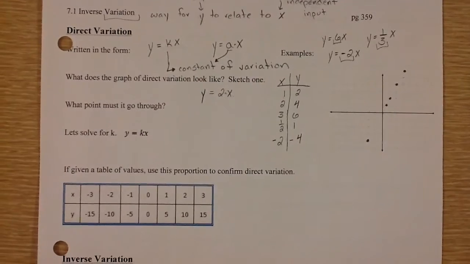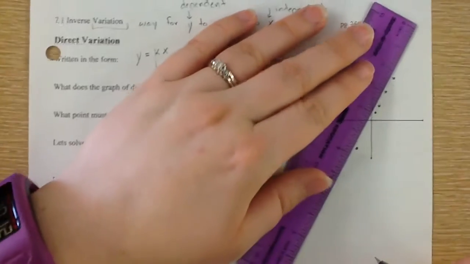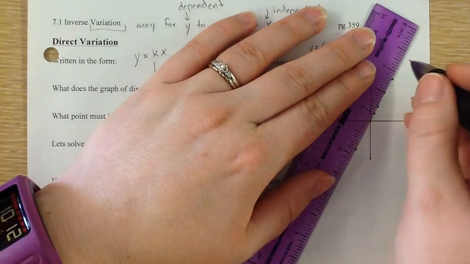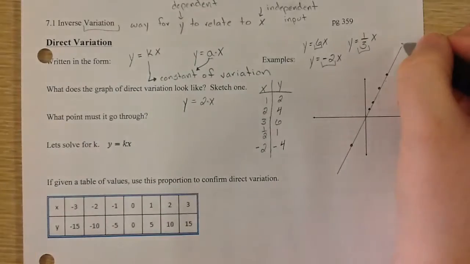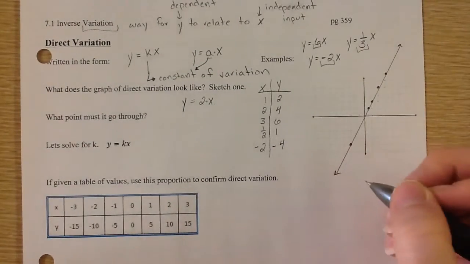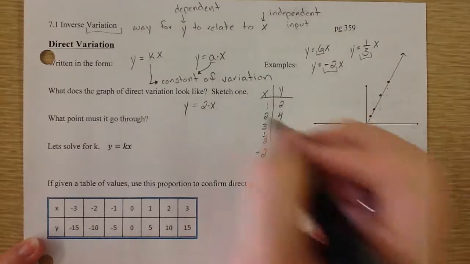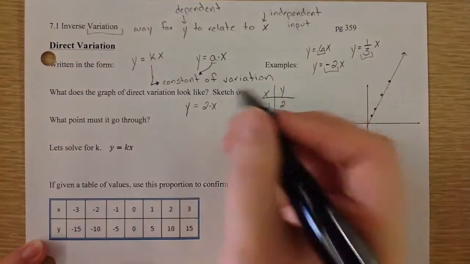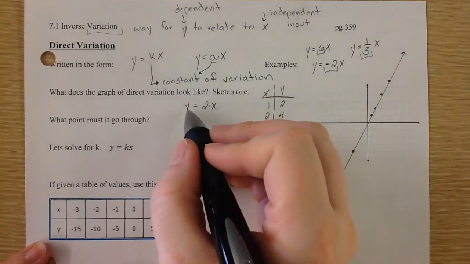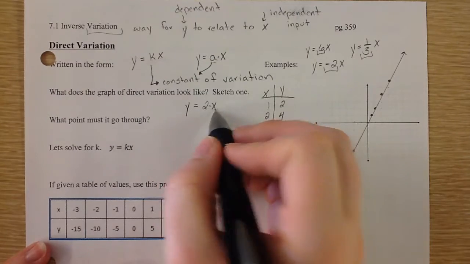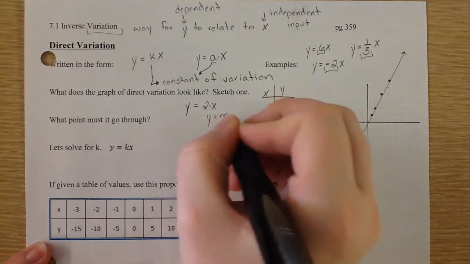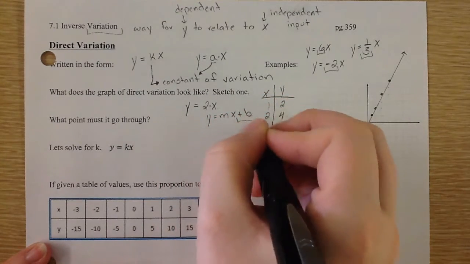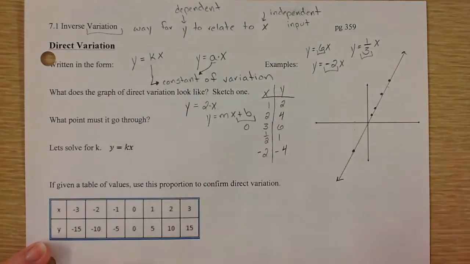Okay, so it looks like, sorry for the bounce, we're going to have a perfectly straight line. And knowing what we know about linear functions, this is actually y equals mx plus b, but my b is always 0.